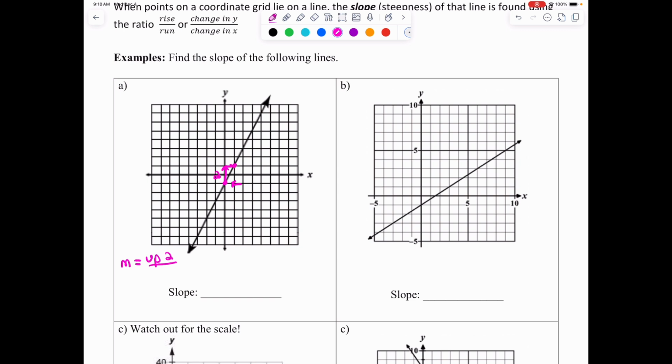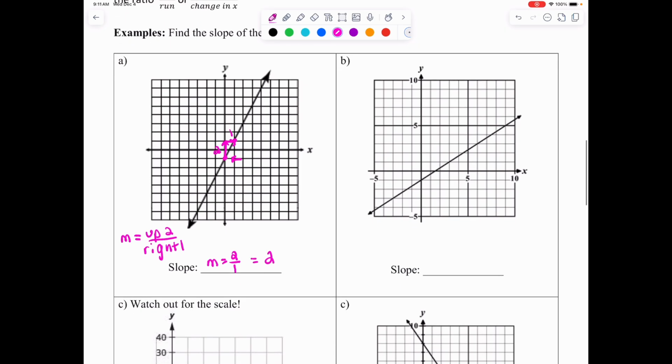And then I'm going to the right 1 spot, right 1. So then we're going to think about this up. Would that be positive or negative? Well, up is positive, so that's a positive 2. Right 1, would that be positive or negative? Since it's to the right, it would be positive. So my slope is 2 over 1 or 2.